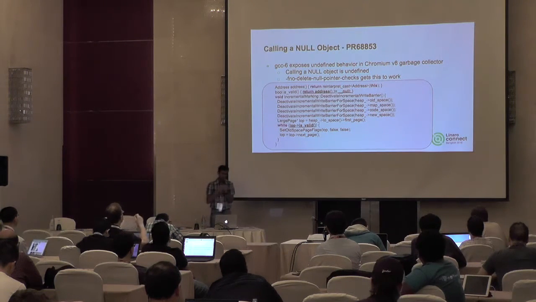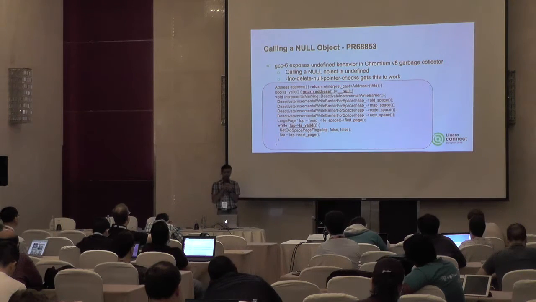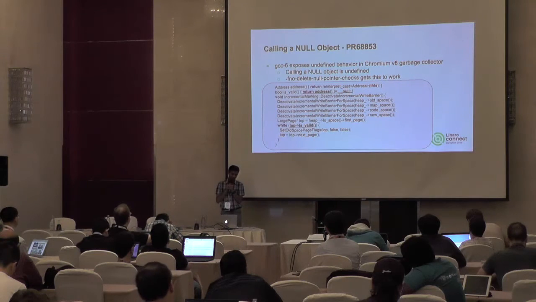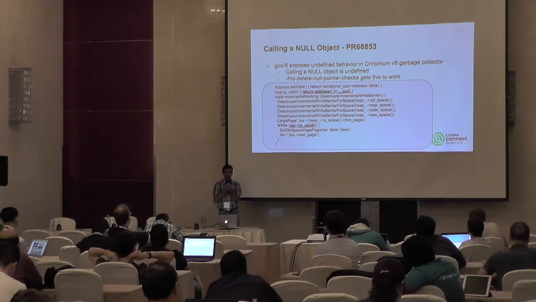Again, this is a very recent example of calling a method on a null object from the Chromium V8 garbage collector. Here in the while loop, you have an object, and the code is checking whether the object is valid by checking whether this pointer is actually null.